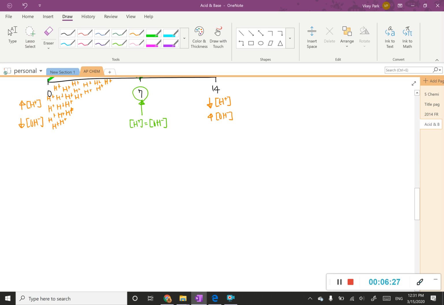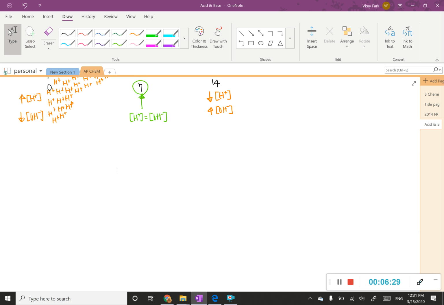All right, let's figure out how to calculate pHs. pH is the negative log of the concentration of H plus. This P just stands for negative log, and the concentration, whatever comes after that P, is going to be in those brackets.